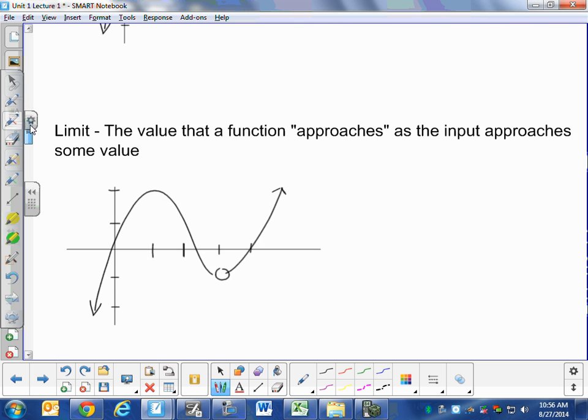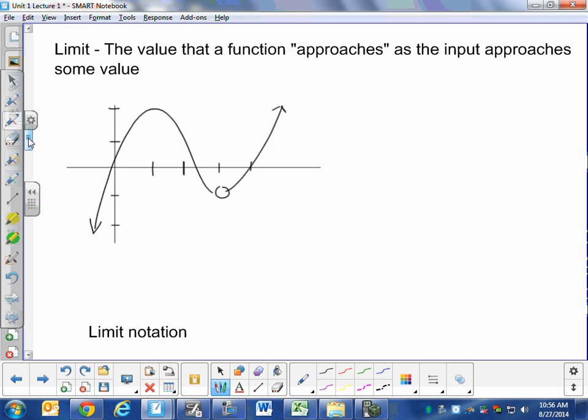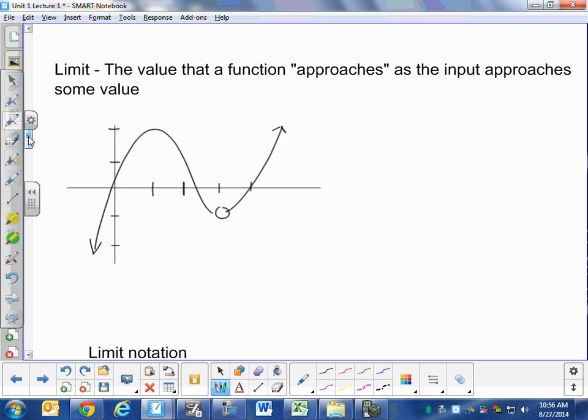Here's the definition of a limit. The limit, or a limit, is the value that a function approaches as the input approaches some value.